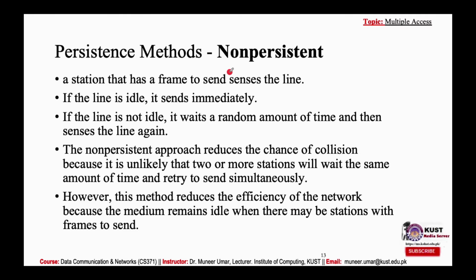Next is non-persistent. A station that has a frame to send senses the line, same as the previous case. If the line is idle, it sends immediately. If the line is not idle, it waits a random amount of time and then senses the line again.